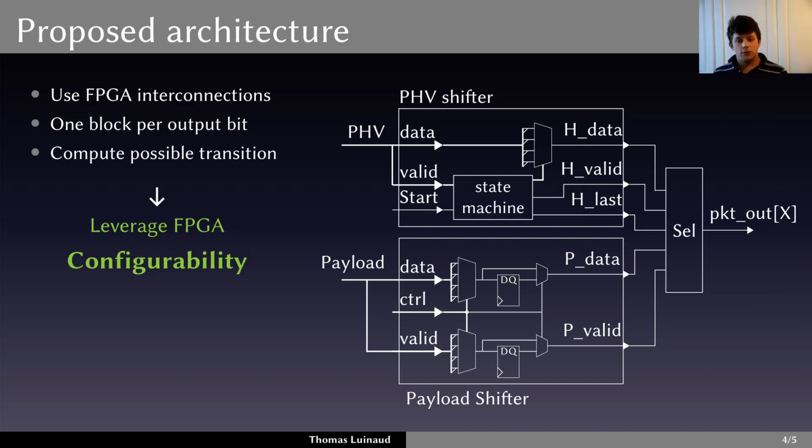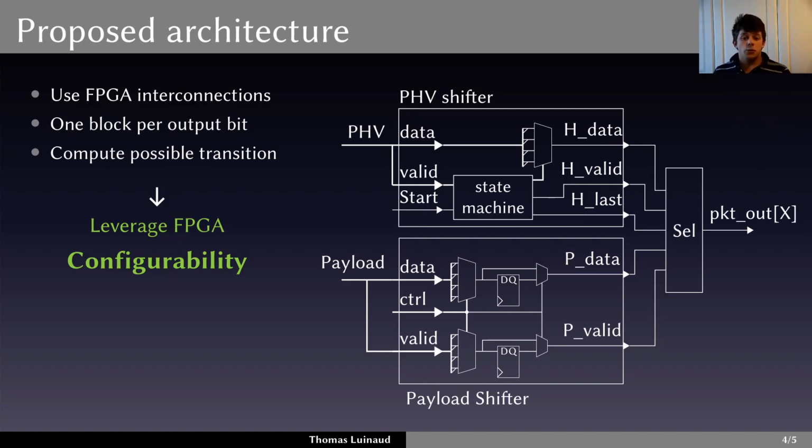With this method, we are able to leverage the interconnections that are present on the FPGAs. As a result, we have one block per output bit. So this architecture is duplicated for each output bit in the packet out bus.